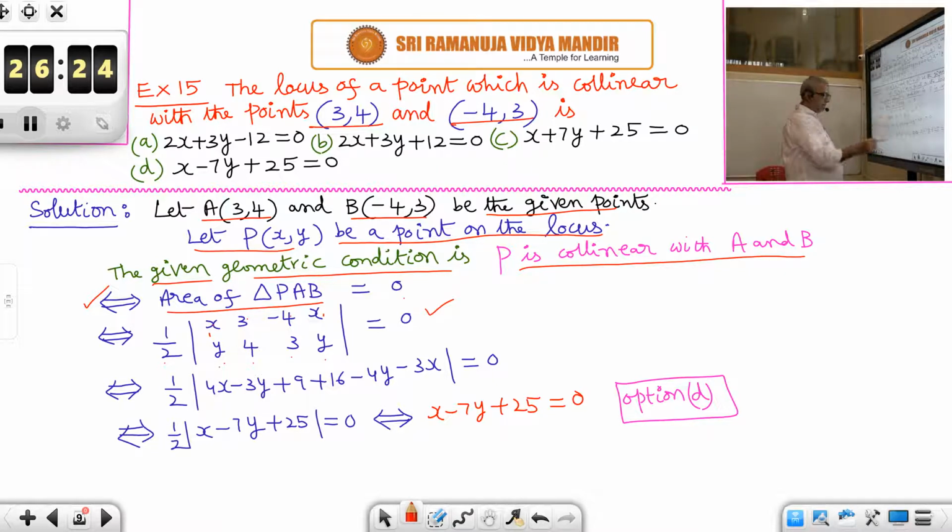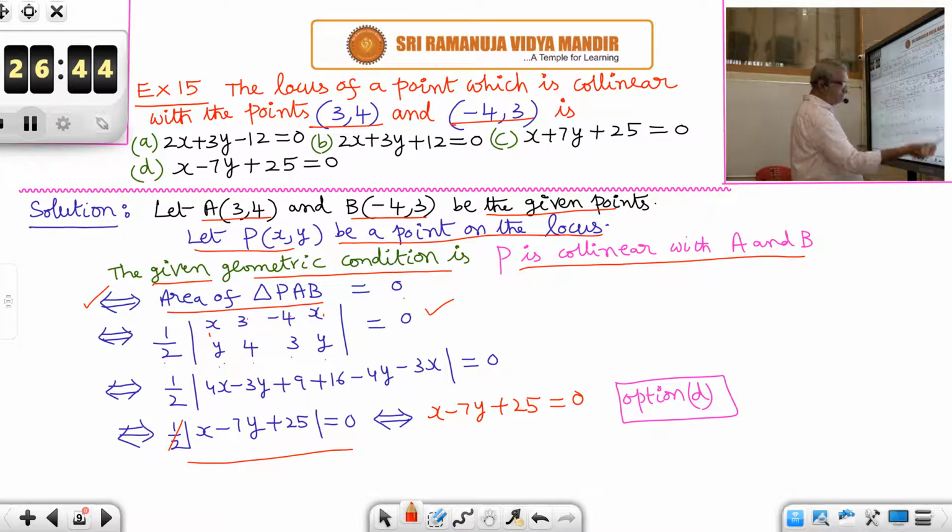So, inside you expand it. So, you will get like this finally, and half also you can multiply by 2 on both sides, 0 into 2, 0 on the right side. Okay. So, mod of x minus 7y plus 25 is equal to 0.